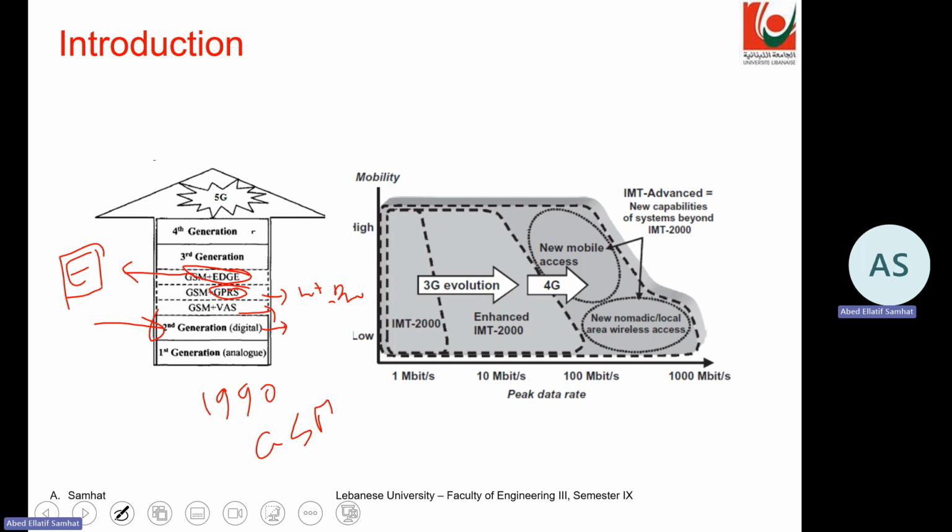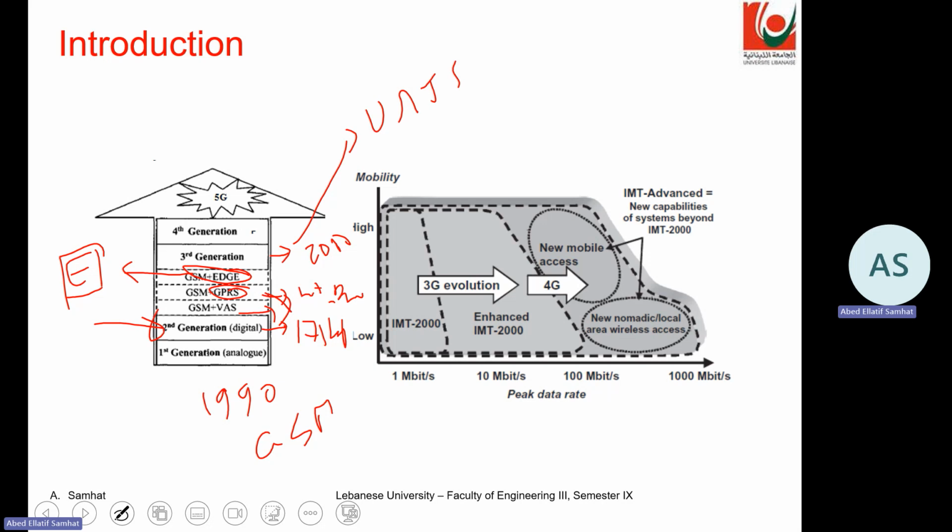Then we moved to around 2000 with the third generation. And here in the third generation, we talk about UMTS. With EDGE and with GPRS, the data bitrate was in theory up to 171 kilobit per second, but in practice it was close to the modem bitrate at that time, which is typically around 56 or 60 kilobit per second.